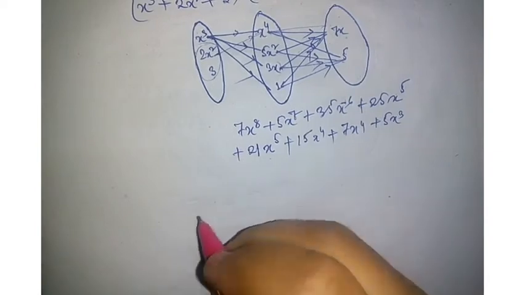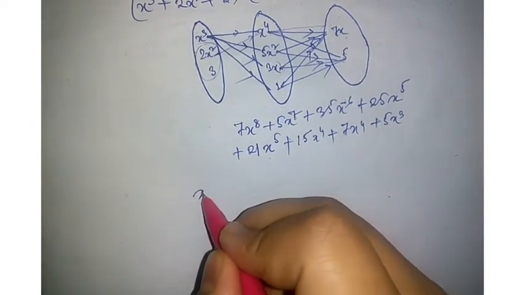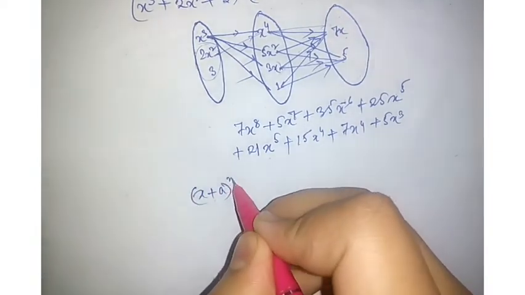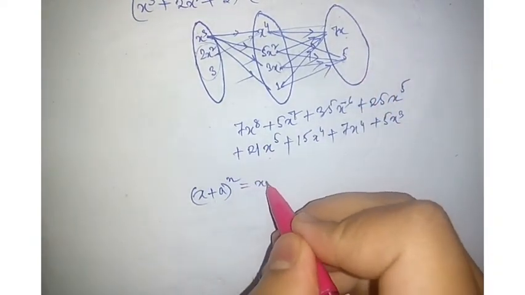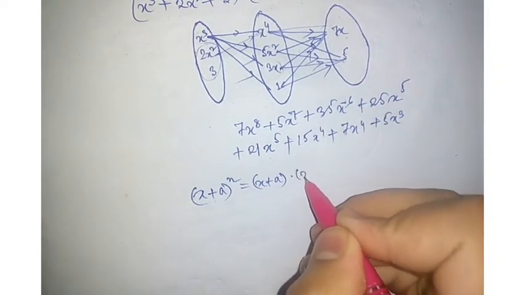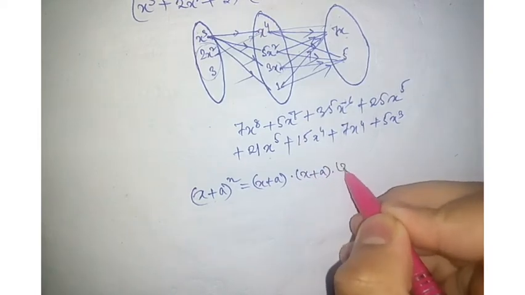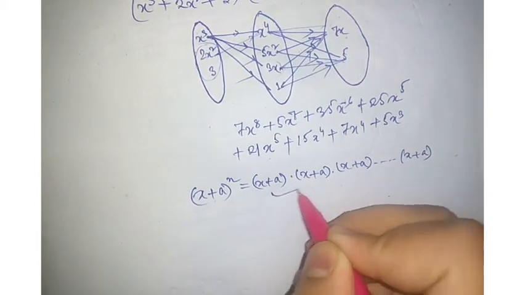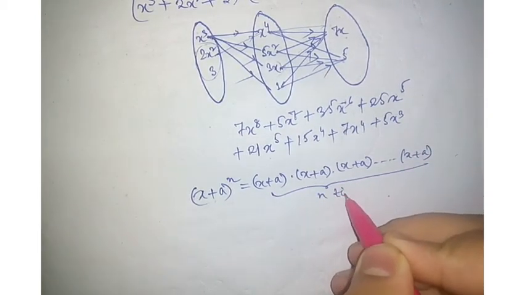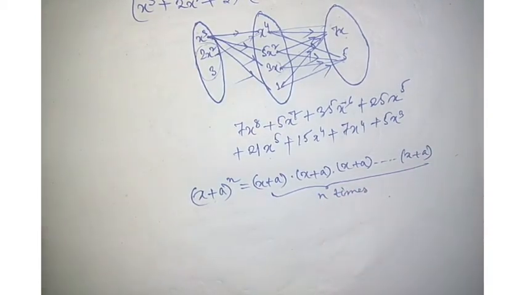If I say that I want the expansion of (x plus a) to the power n, what it basically says is that (x plus a) multiplied by (x plus a) multiplied by (x plus a) will be continued n times. So that is the main logic that we have to take.